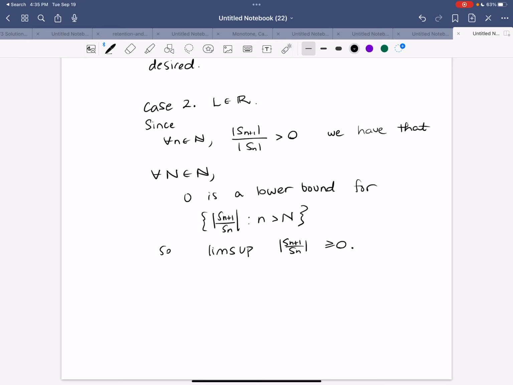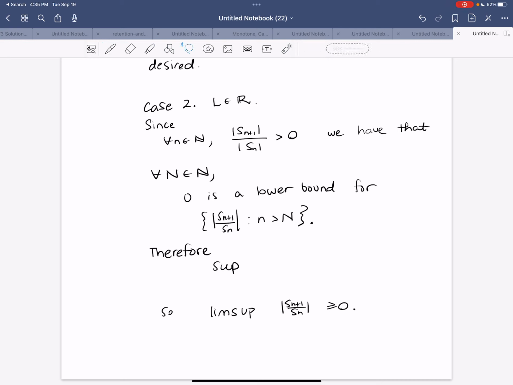So let me look at this again. I said since for every n our terms are positive, we have that for every n, 0 is a lower bound. Therefore the sup of this set is going to be bigger than or equal to 0.